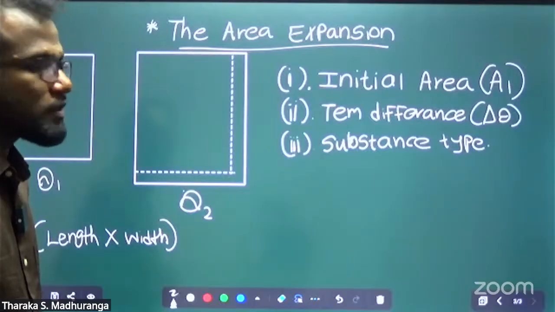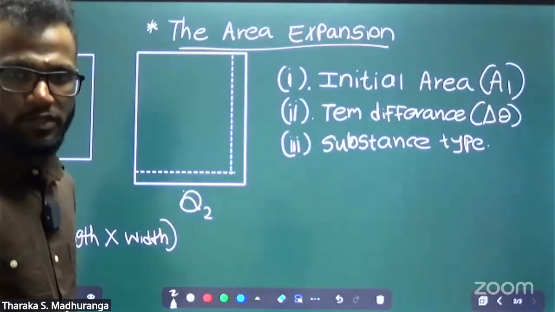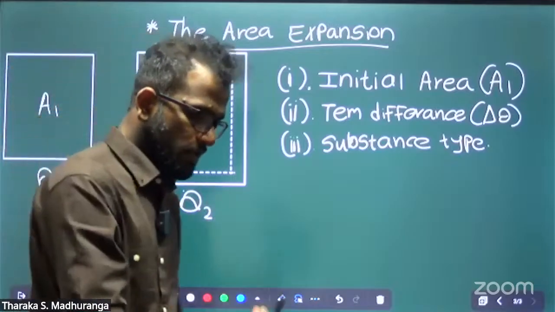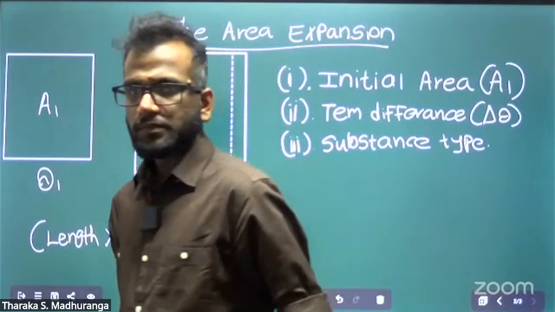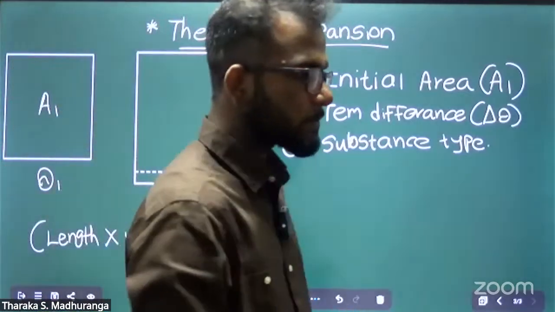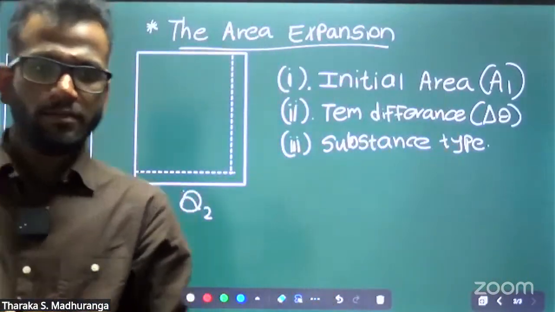Second one, temperature difference, within bracket delta theta. Third one, substance type. Substance type doesn't need any symbol, I will explain later. Substance type or matter type, both are the same.